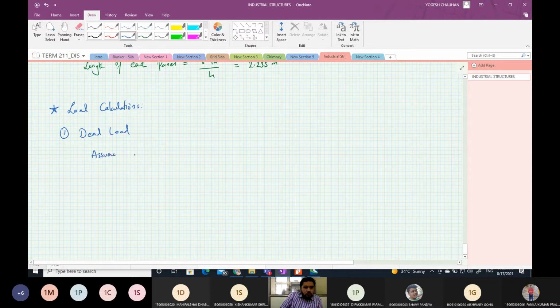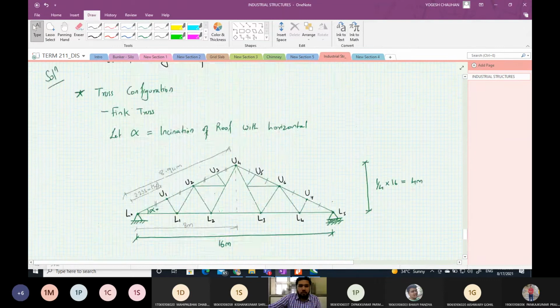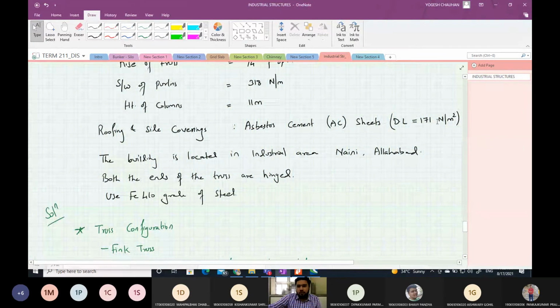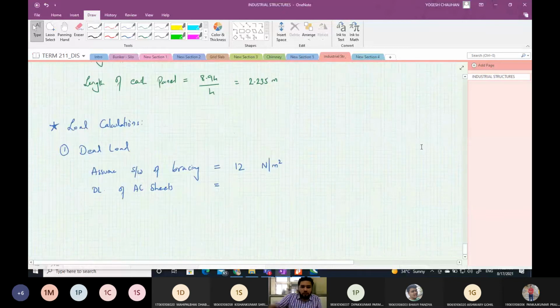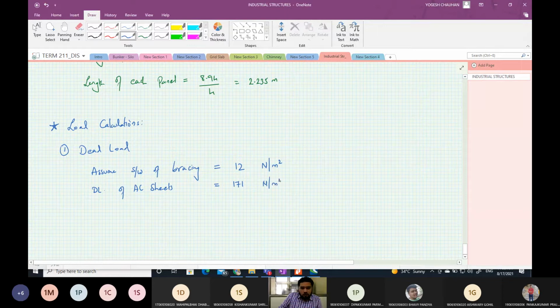Assume self weight of bracings equals 12 Newton per meter square. Then dead load of AC sheets, which is given in the data, 171 Newton per meter square. That is the roofing material.